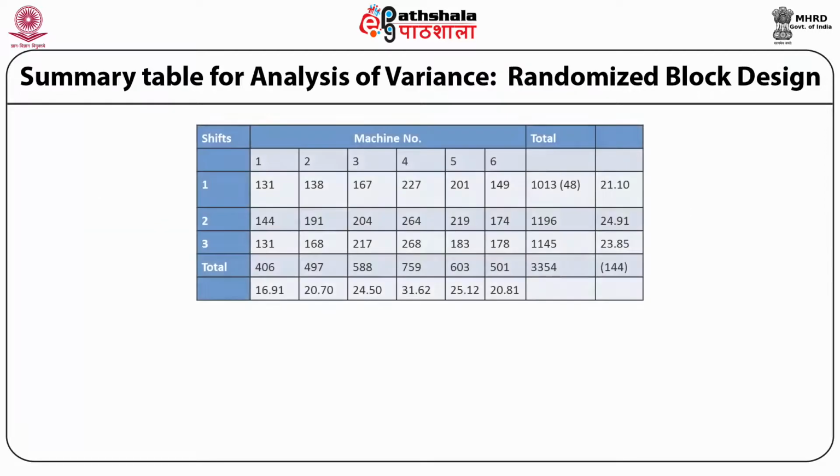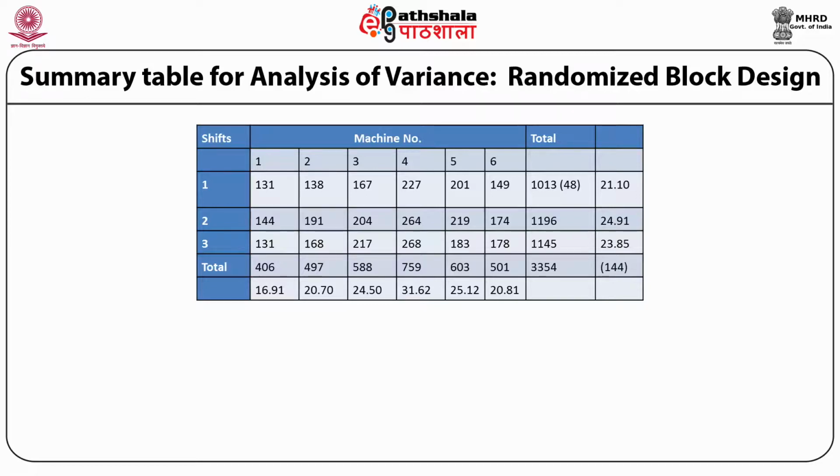Here you can see the table. In the columns you can see the various machines, and 3 different tables showing the 3 different shifts data, and in block A you can see the soap in grams filled in 8 bottles. So here you can see the table depicting the machines and the shifts.